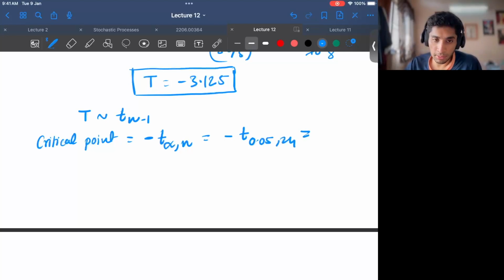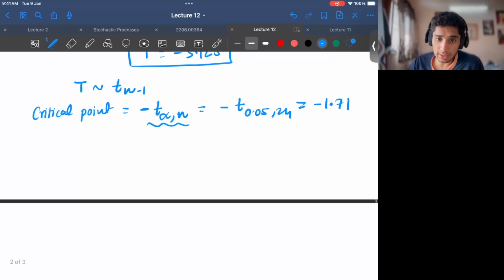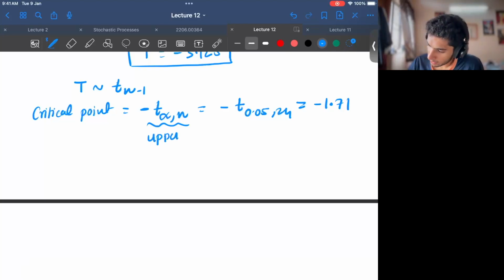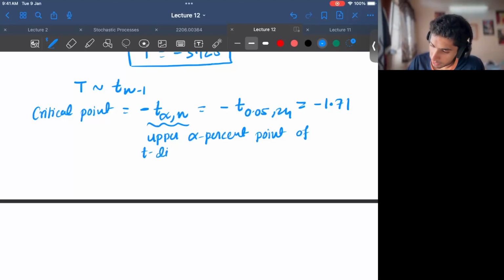And if you have the table of your t distribution, this comes out to be minus 1.71. What is t alpha comma n here? Again, it's simply the upper alpha percent point of the t distribution with n degrees of freedom.